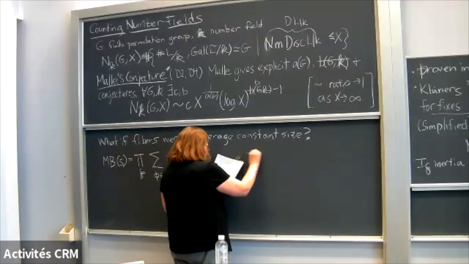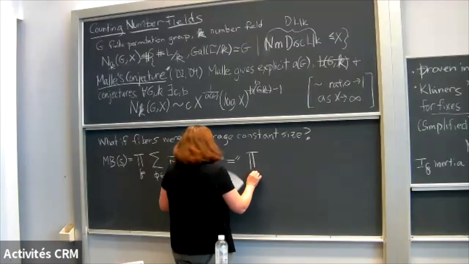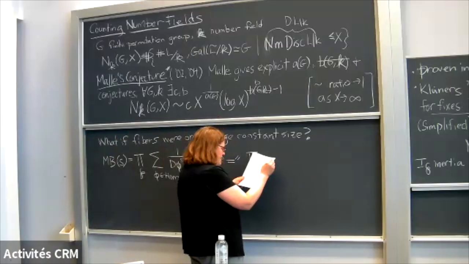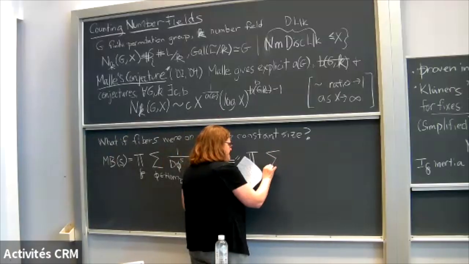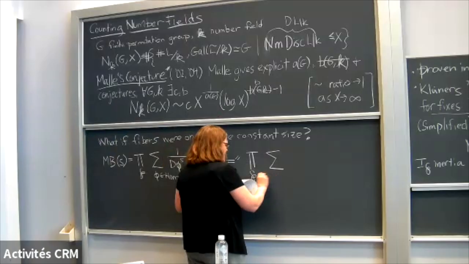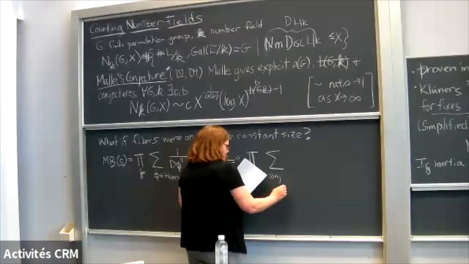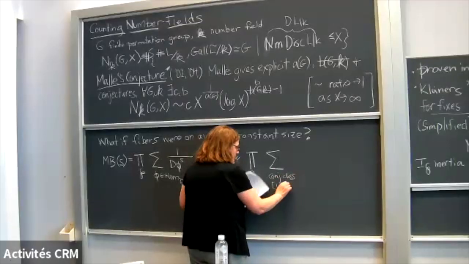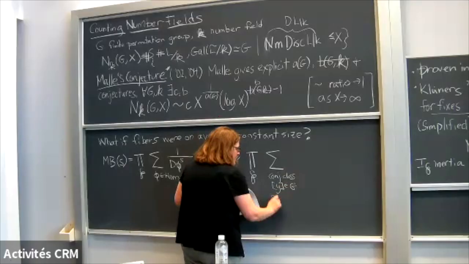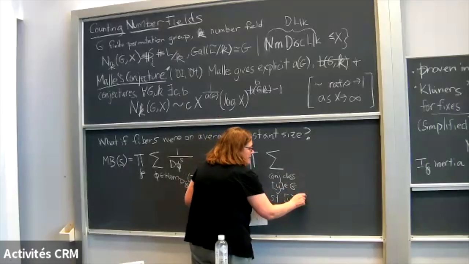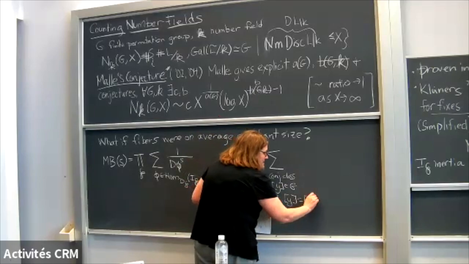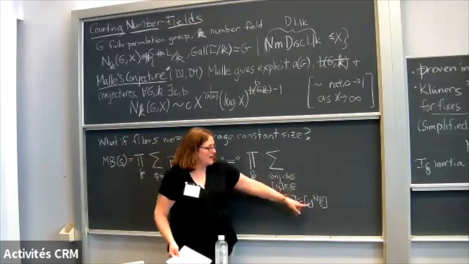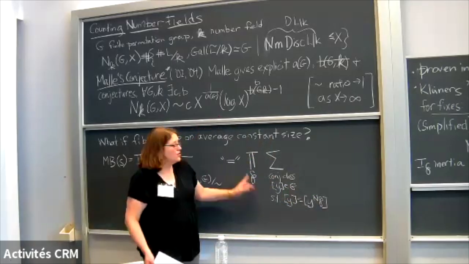But other than that, because of our very good understanding of the local absolute tame Galois group, this can be written very concretely as a sum over conjugacy classes of elements of G that are fixed by powering by the norm of the prime.